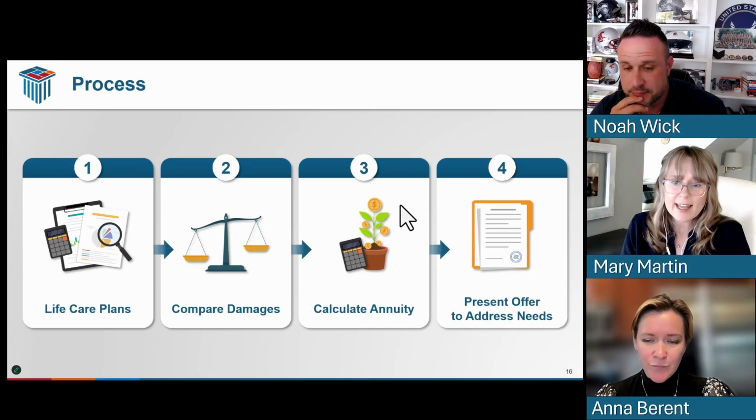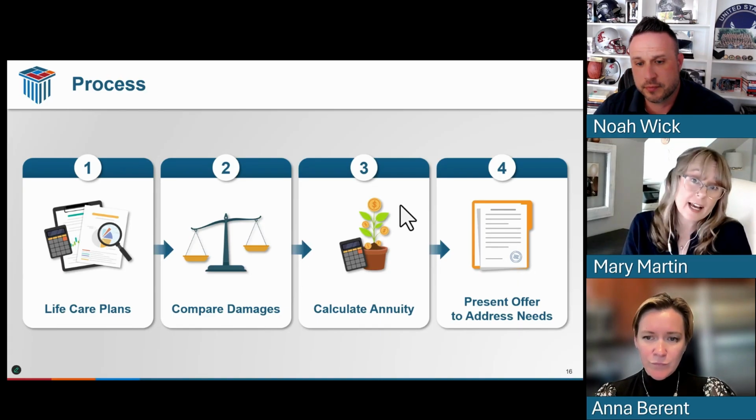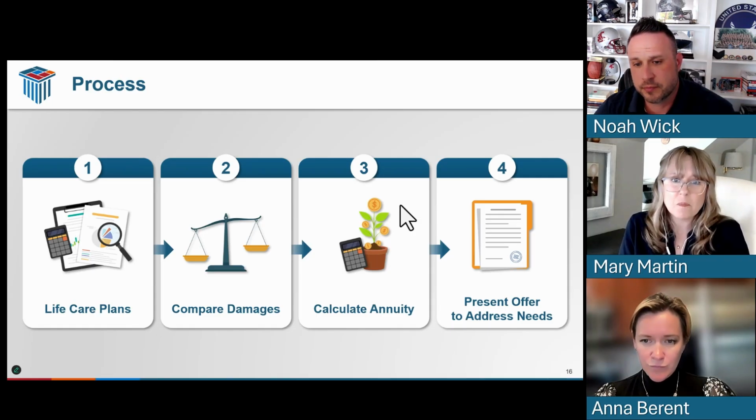What are your thoughts on that? I think that starting from the beginning, there's a lot of questions about life care planning as a science, and the ability to predict these needs later in life, and the inflation that we can see when suddenly more and more and more cases are calling for future 24/7 care and these really extensive damages categories.